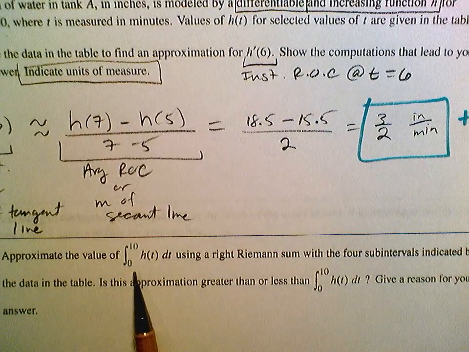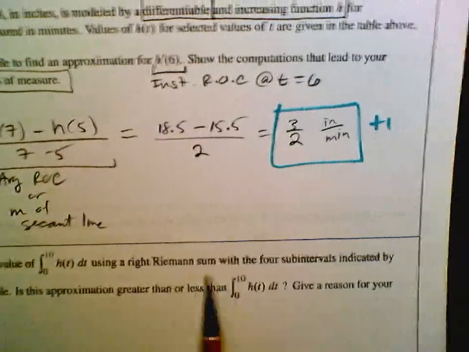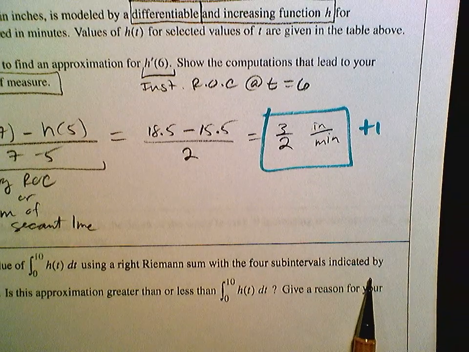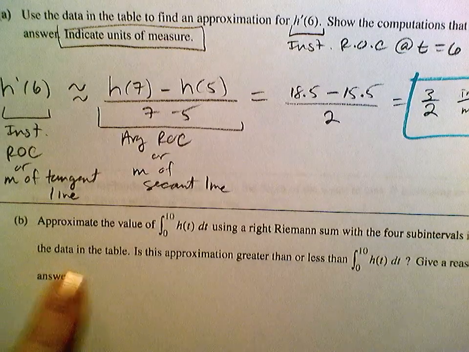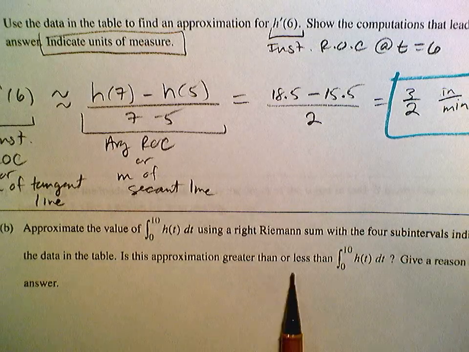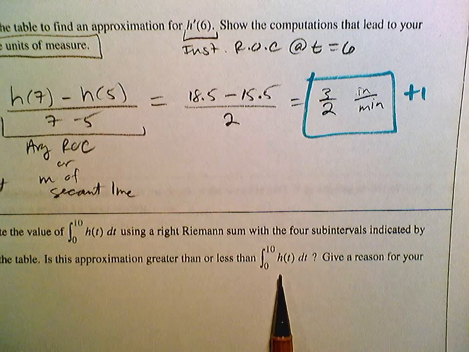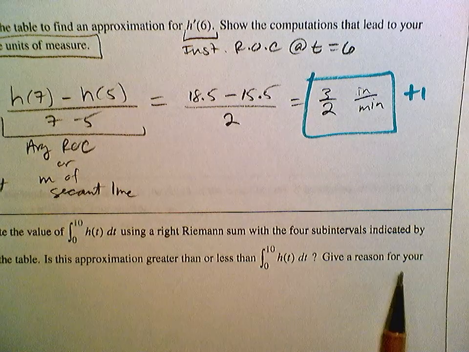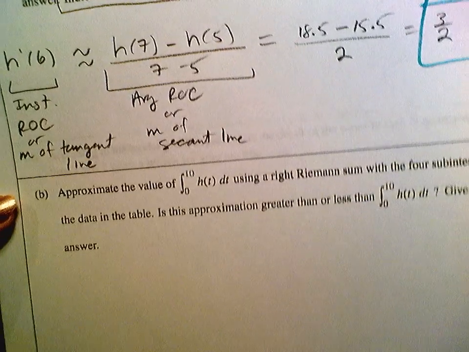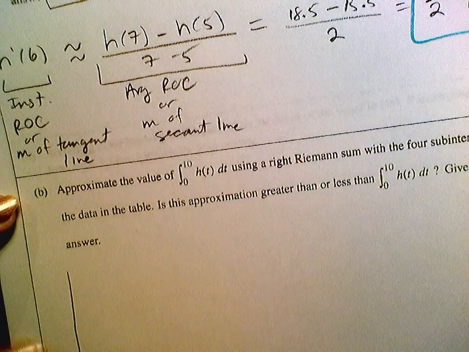Approximate the value of this integral using a right Riemann sum with the 4 subintervals indicated by the data in the table. Is this approximation greater than or less than the actual area? Give a reason for your answer. So you should draw a graph.